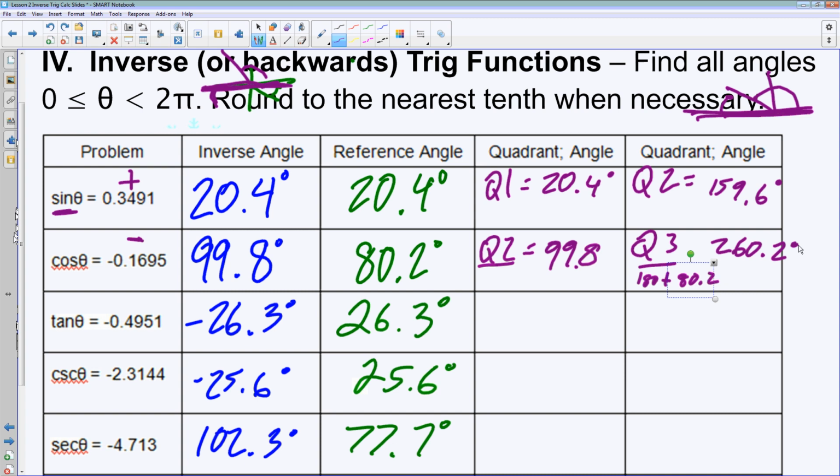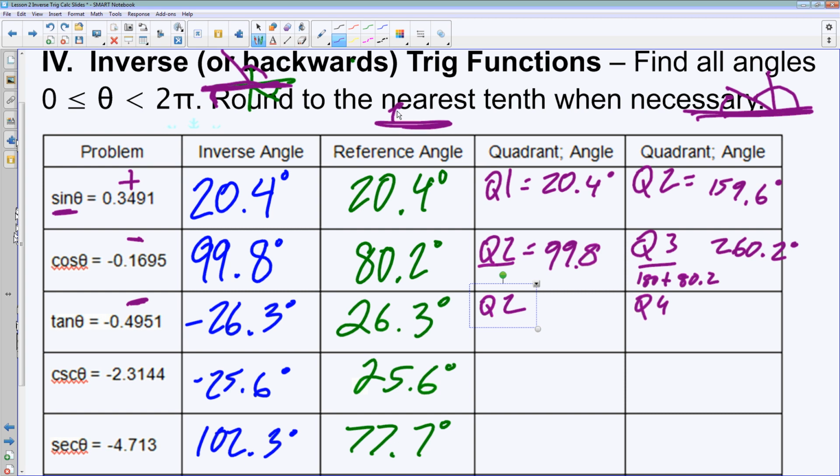All right, for tangent to be negative, that's going to occur in the second and fourth quadrants. Now 26.3 is in the first quadrant. We need to get into the second quadrant. So again, we're going to take that 180 and subtract the 26.3 so we can go upwards from that 180 into quadrant 2.